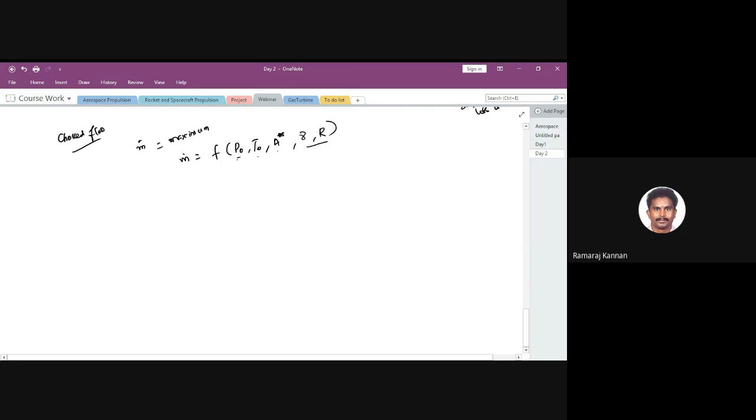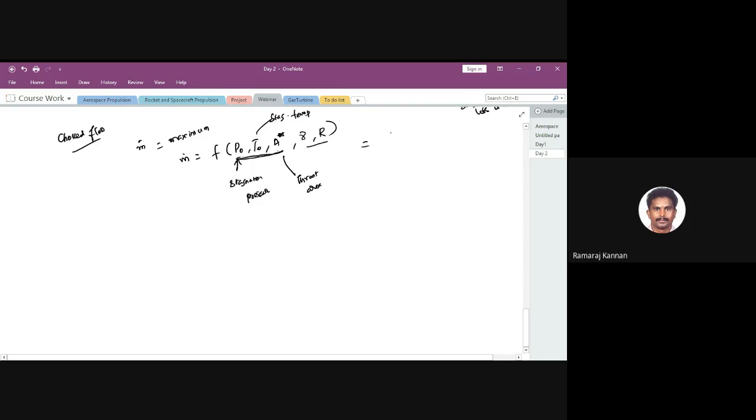If you want to increase the mass flow, you have to modify these parameters: P naught is your stagnation pressure, T naught is your stagnation temperature, and A star is your throat area. So keep in mind that it is a function of P naught, T naught, and A star.